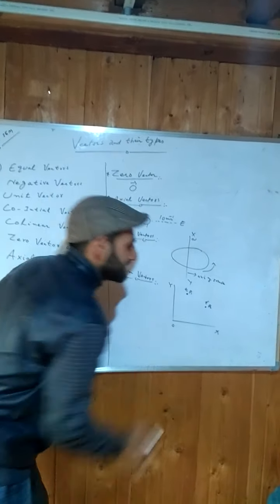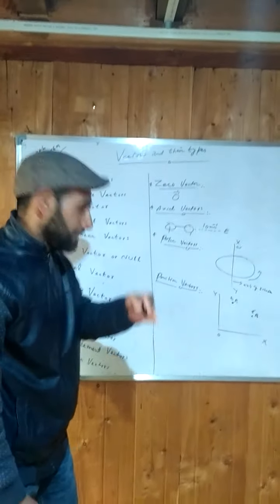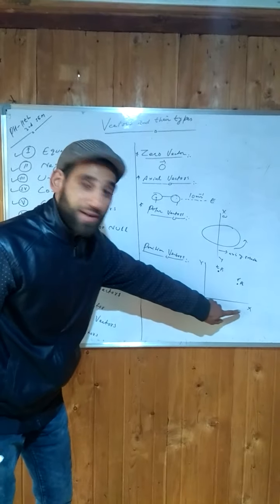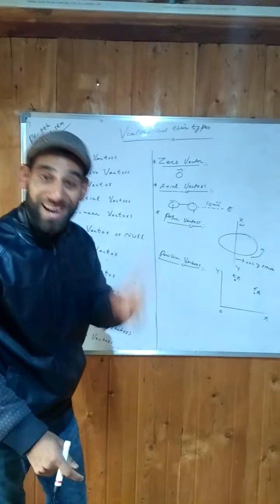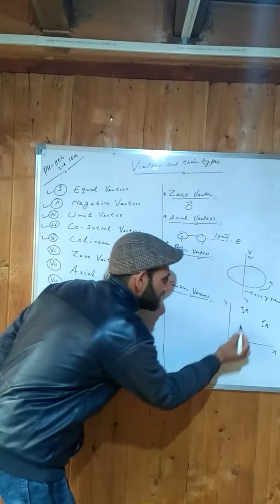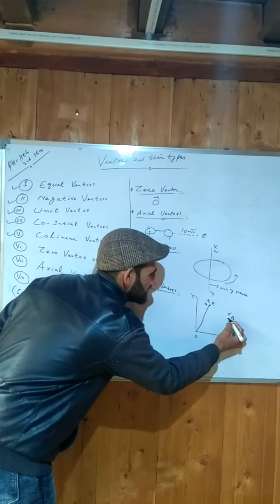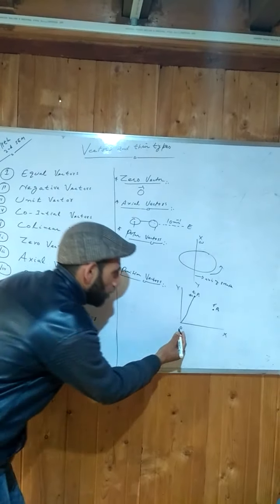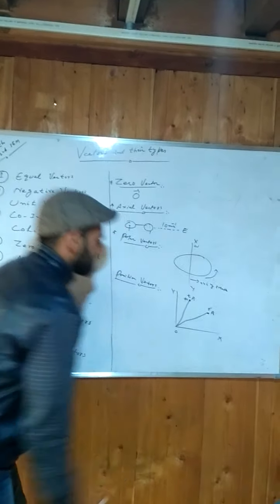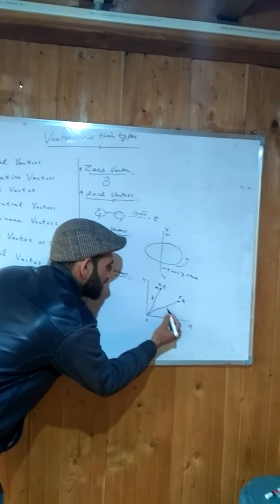If we join the positions of this body with the origin O, that vector will give us the position vector. Let OP1 be equal to R1 and let OP2 be equal to R2.